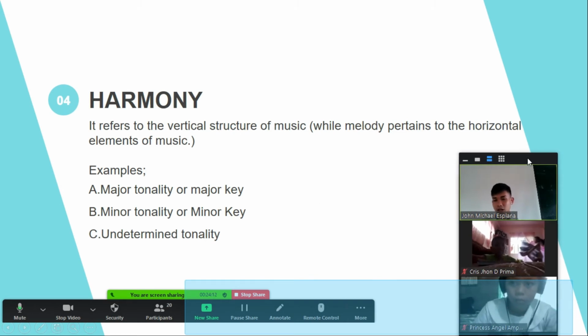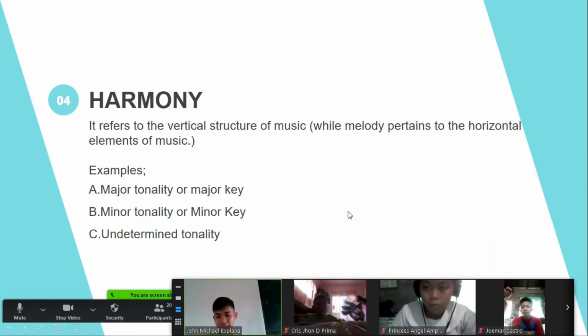We have actually examples of that. Number 1, major tonality or major key. It is the term used for distinction of major intervals and chords, for example, major C. Next, we have the minor tonality or minor key, the term used for the distinction of minor intervals and chords.